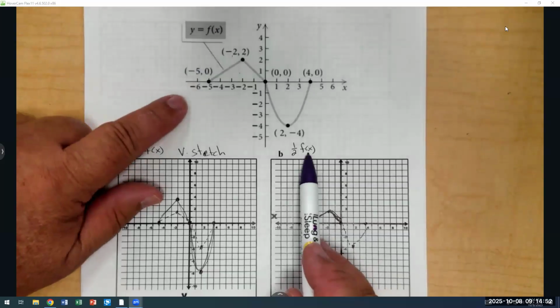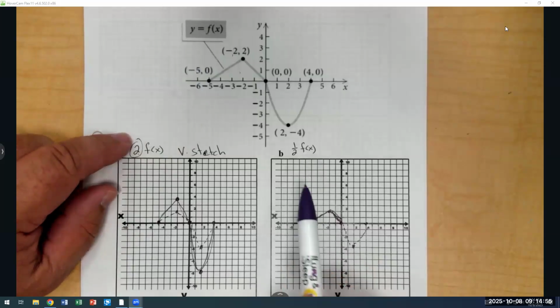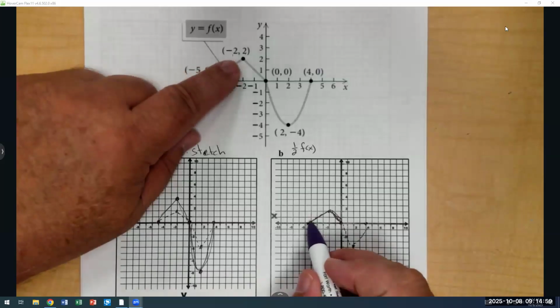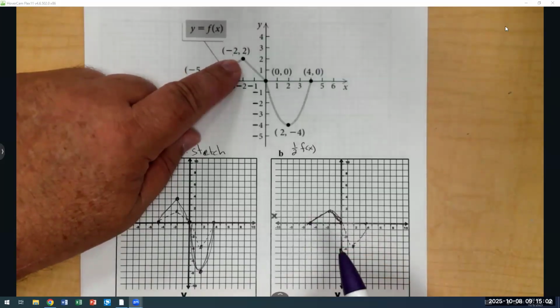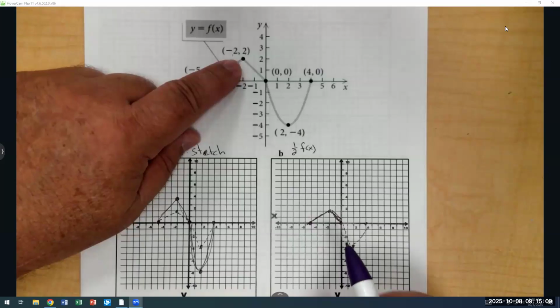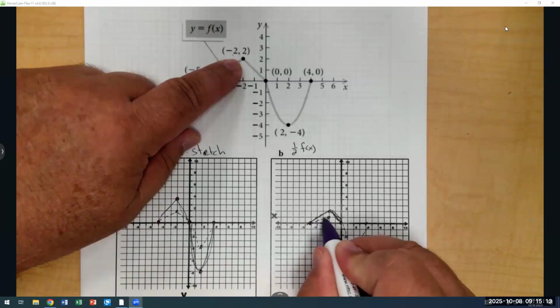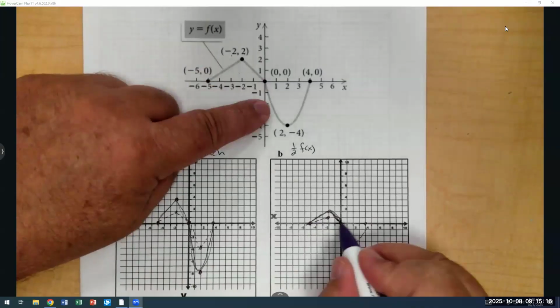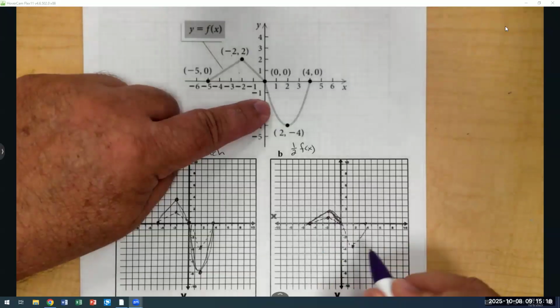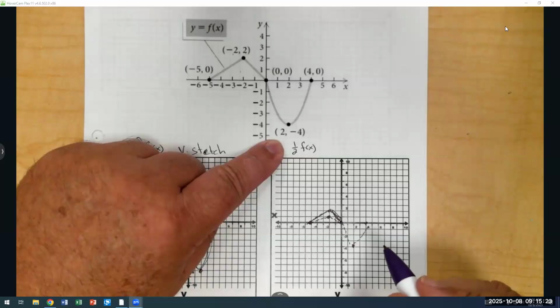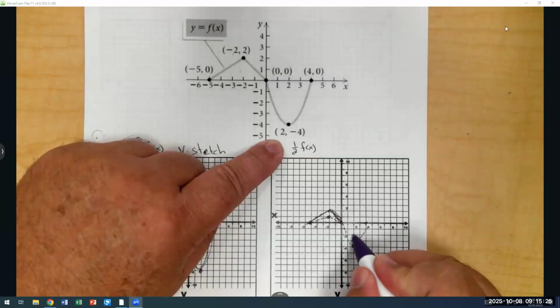So what does this one tell me to do? Take all the y values divided by 2. That's what it tells us. So negative 5, 0 stays the same. Negative 2, 2 becomes what? Negative 2, 1. Very good. 0, 0 stays there. 2, negative 4 becomes 2, negative 2.